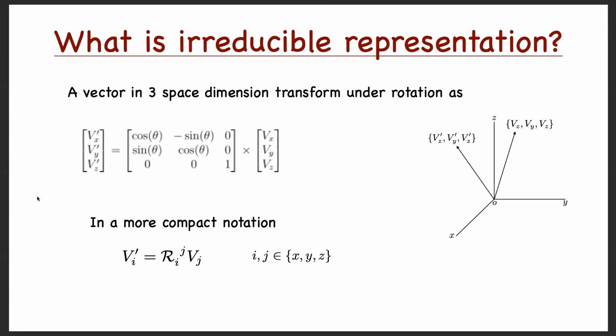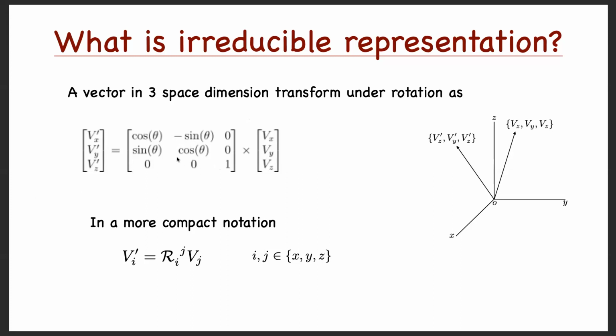So let's first understand what an irreducible representation is. Consider vectors in three-dimensional space, and you can apply a rotation group, rotating the vector or the coordinates, and transform them to a different set of vectors. Here the rotation group leaves the z-axis invariant, and it transforms the vector.